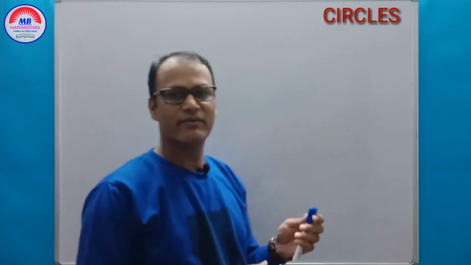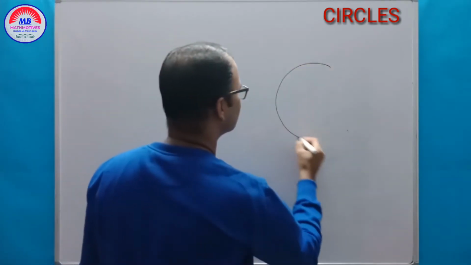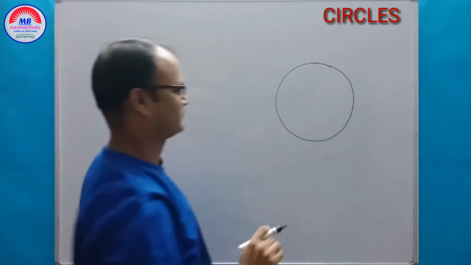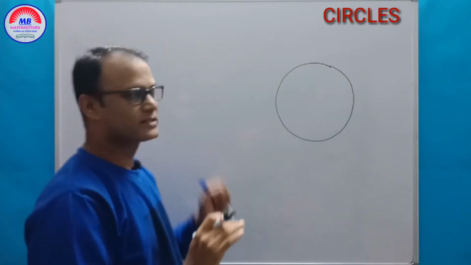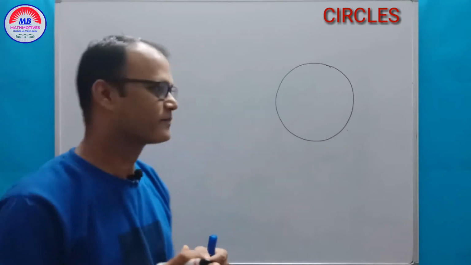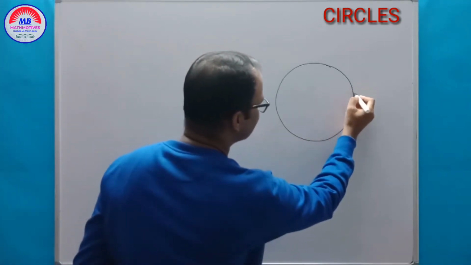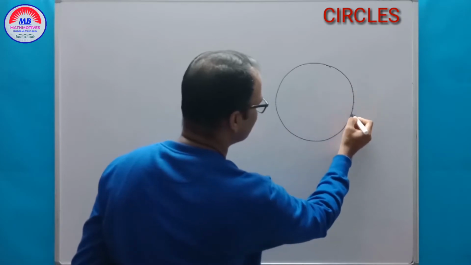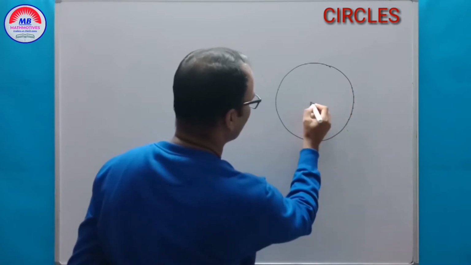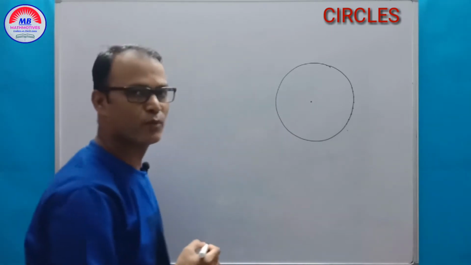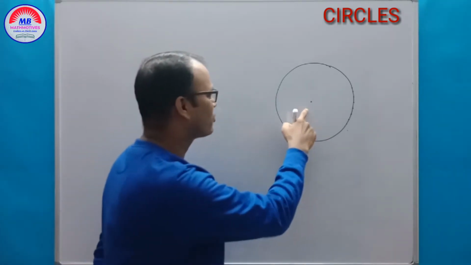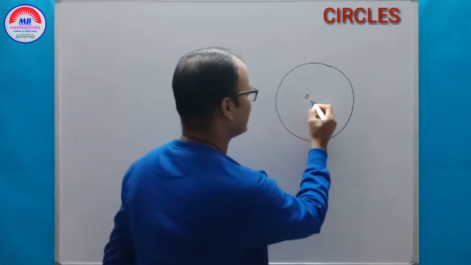But the real definition of a circle is what? You see, this is the shape of a circle. But how do you define it? A circle is a set of points which are equidistant from a fixed point, and that fixed point is called the center.